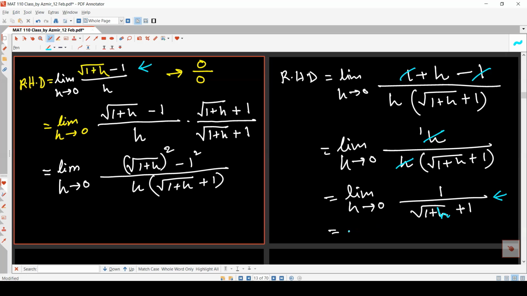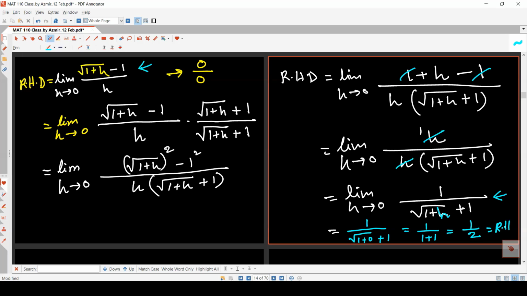So we can input a as 0. So it is 1 plus 0 plus 1. We are getting 1 over 1 plus 1. That means 1 over 2. So right-hand derivative is 1 by 2. It is also finite.